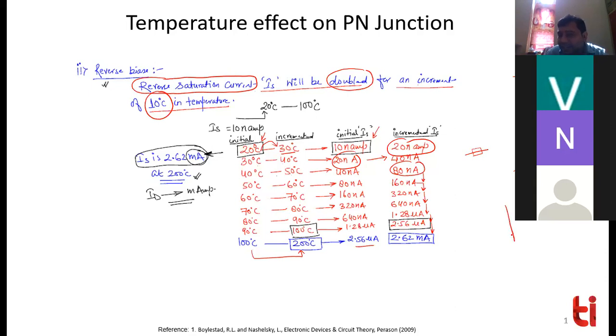You have seen that if you increase the voltage, it's almost constant. That's why its name is saturation current, because it is limited by the number of charge carriers. If you increase the minority charge carriers, the current will increase. If you increase the voltage, the current is not going to increase, because there are a limited number of charge carriers available in the device.